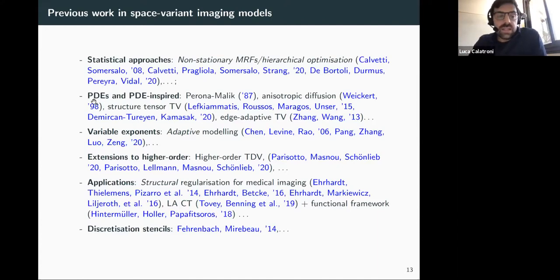As far as more classical imaging models, for instance, inspired by PDEs, the use of space variant directional information should ring a bell and let you think of anisotropic diffusion models or more recent extensions to structured tensor TV regularization.